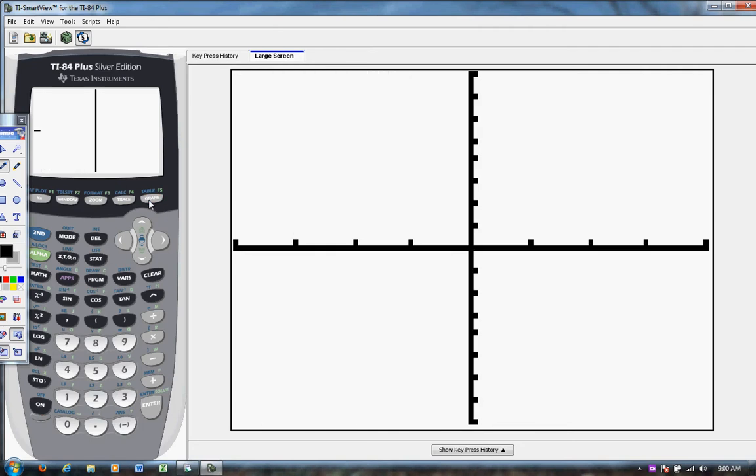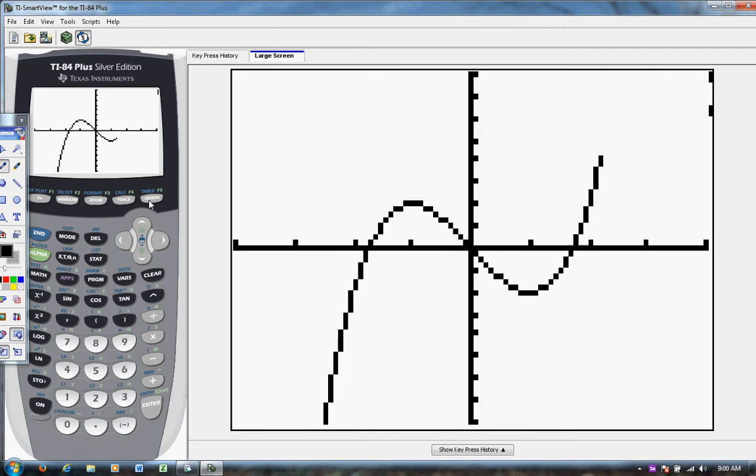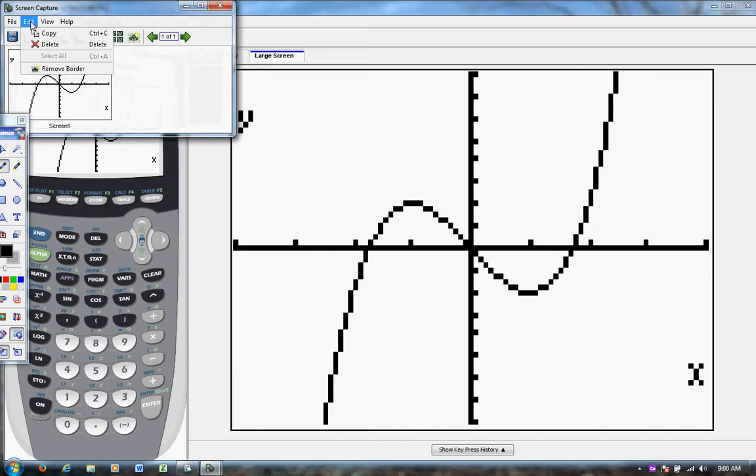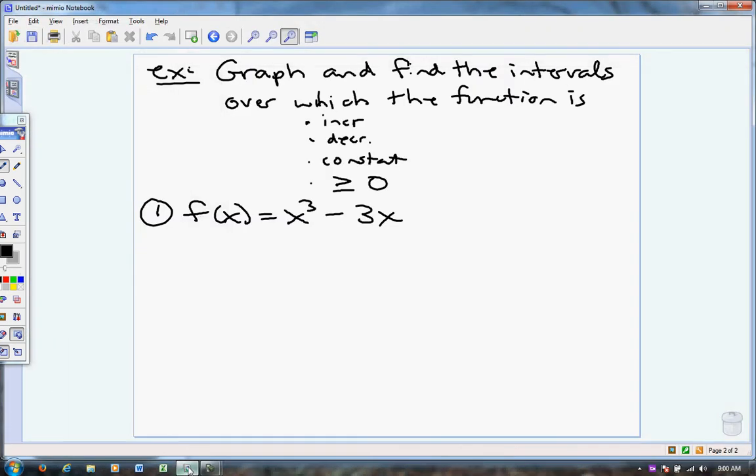Okay, now let's look at the graph. There we go, that's a little bit better picture. So this function has got several things going on. Let me just kind of get this to a place to where I can write on it, so I can show you better what I'm talking about.